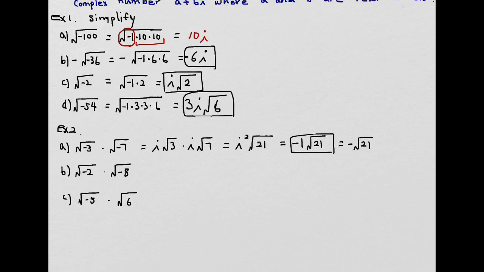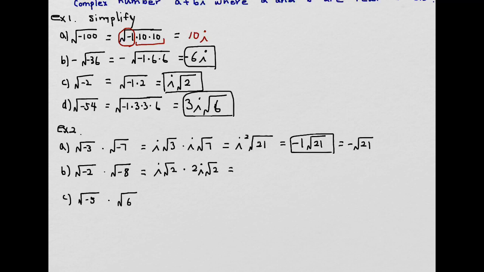Next problem. Change it to imaginary units and simplify, right? So this one first, the square root of -2 is i square root of 2, times, that will be 2i square root of 2.